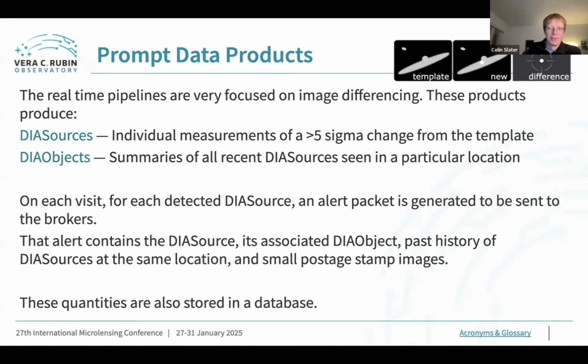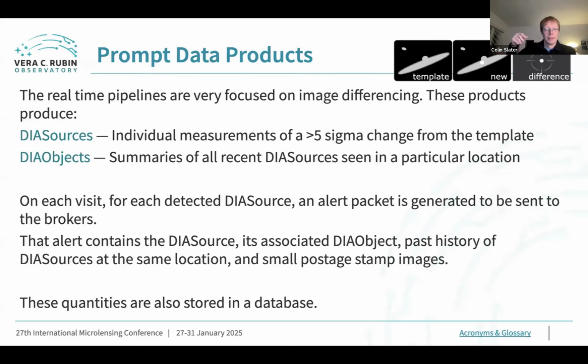When we do this image differencing, we detect every single thing that has more than a 5 sigma change from the template image. These templates are typically from coadds that we made in previous data releases. So we do that difference imaging, identify anything that's changed. That's what's going to be sent out as alerts.